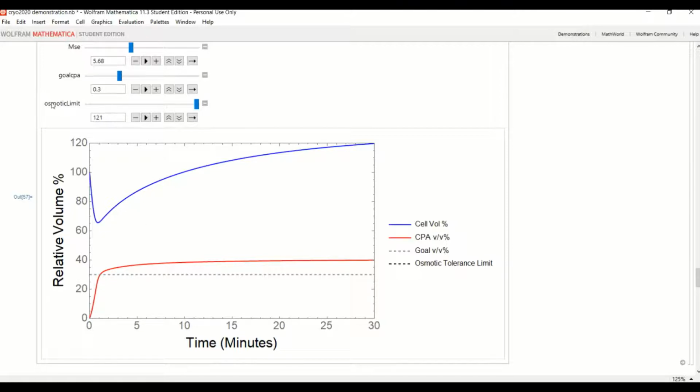And let's say your osmotic tolerance limit was 80. That means that for this loading protocol, everyone died. All of your cells are dead because they all got killed from the shrinking damage. And so despite you avoiding the cytotoxic damage, you still have everything dead from the osmotic damage.